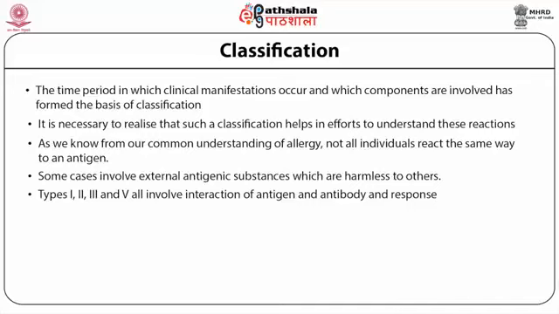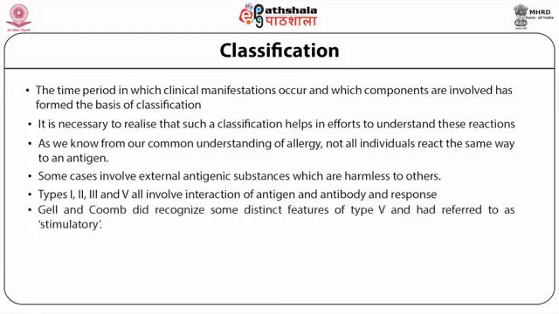Hence, this is often referred to as delayed type hypersensitivity. Gell and Coombs did recognize some distinct features of type 5 and had referred to it as stimulatory. This is by some people treated as a separate class and called type 5 hypersensitivity.